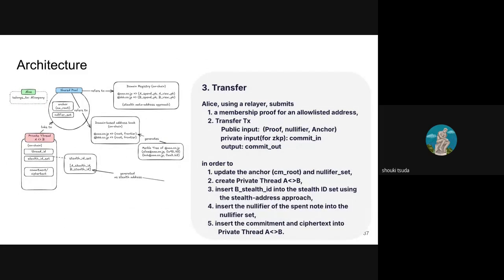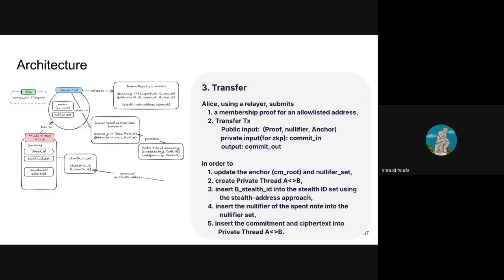Step 3, transfer. I'll use a relayer to submit membership proof to allow recipients and the transfer transaction, which is the idiom of shielded pools. This specifies which note to spend with commitment in the private input, submits a nullifier to prevent double spending, and provides membership proof to anchor showing the note to spend is valid.